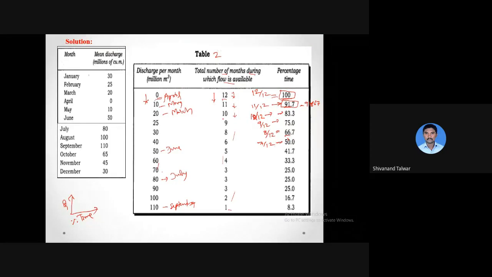So here you are taking these values, that is 10 divided by 12, 9 divided by 12, 8 by 12, and here it is 6 by 12. Okay, then here it will be 5 by 12, then 4 by 12. You can check now, then here this will be 3 by 12.